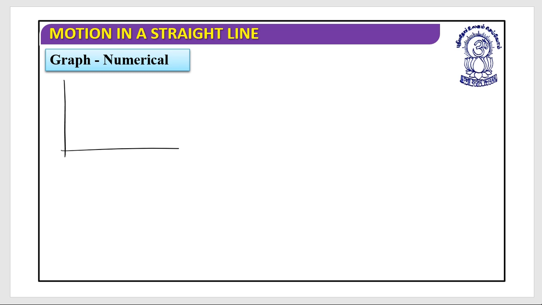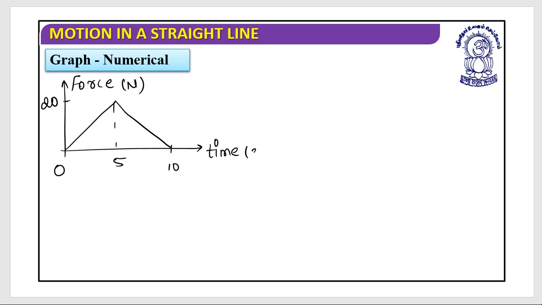You have been given force and time, and it looks something like this. This is 0, this is 5, this is 10, this is 20. Force is in Newton, time is in second.